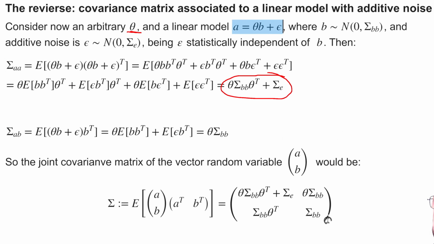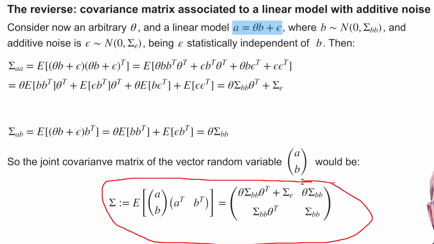So we found a way, given a model with a known theta and known variances of B and epsilon, we can build the joint covariance matrix between the model input and the model output.